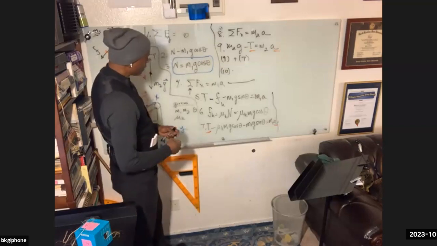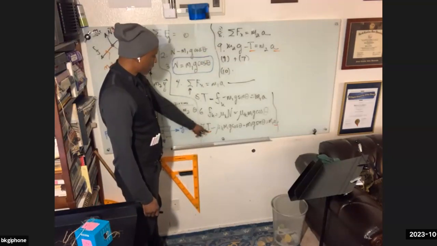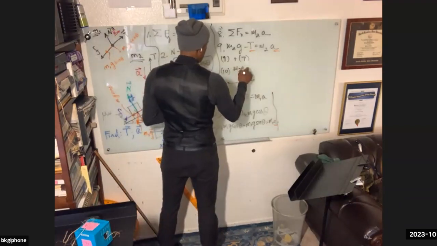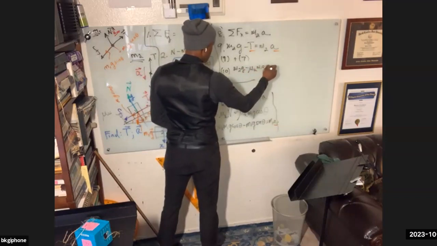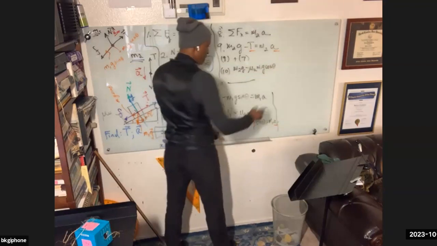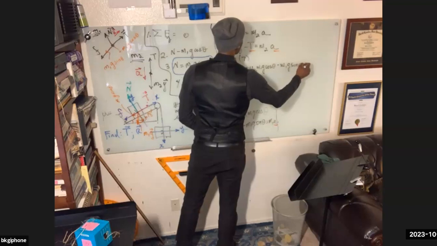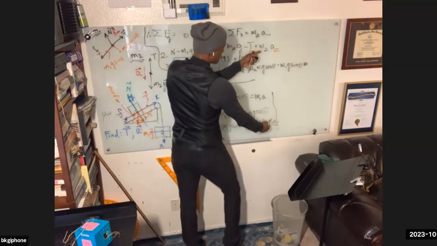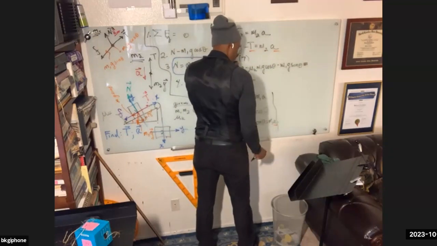So I'll just go ahead and we'll have a positive M2G contribution here, and that'll replace T here. So we're going to end up having M2G minus mu K M1G cos theta minus M1G sine theta equals, and then the two terms, I'm going to go ahead and factor out the A. So it'd be M2A plus M1A.